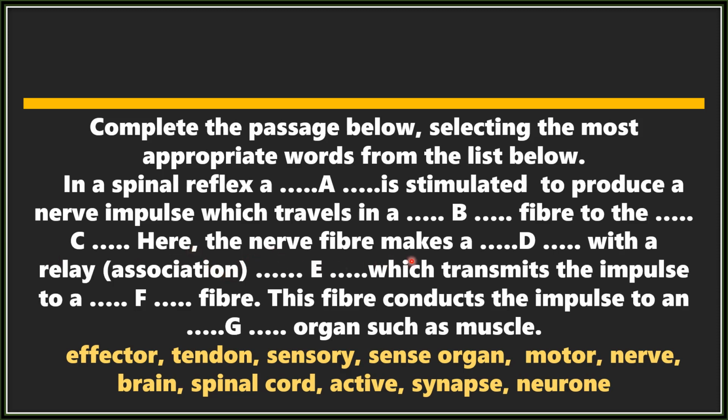Here, the nerve fiber makes a dash with a relay association dash which transmits the impulse to a dash fiber. This fiber conducts the impulse to any dash organ such as muscle. Effector, tendons, sensory, sense organ, motor, nerve, brain, spinal cord, active, synapse, neuron.